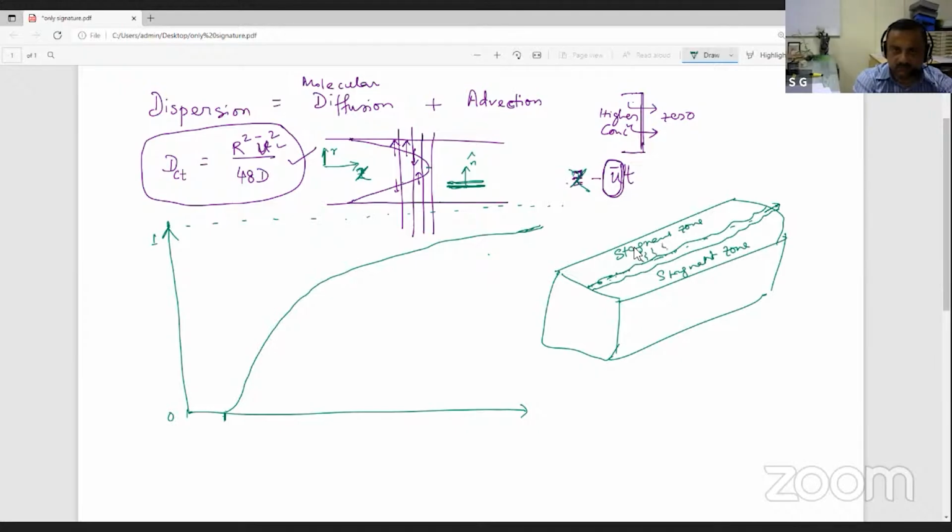The porous medium means there are pathways available, so there is diffusion happening. As the concentration front travels, a little bit will undergo molecular diffusion through this porous network. So by the time it reaches here, it will not be perfectly 1, it will be less than 1.